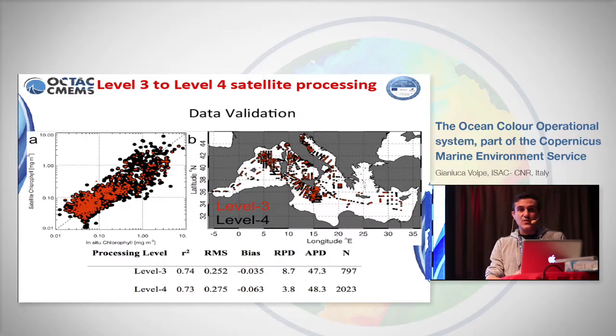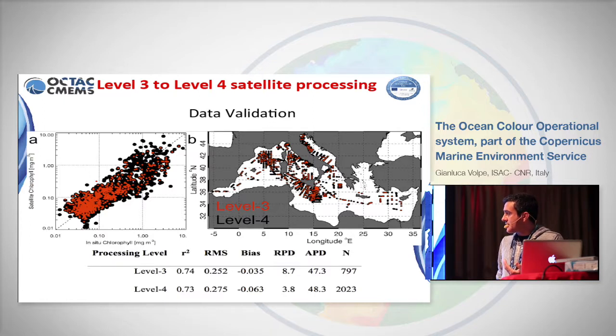Now we want to wonder if the method is reliable in terms of accuracy. This plot shows both the level 3 in red and the level 4 in black versus the in situ observations.